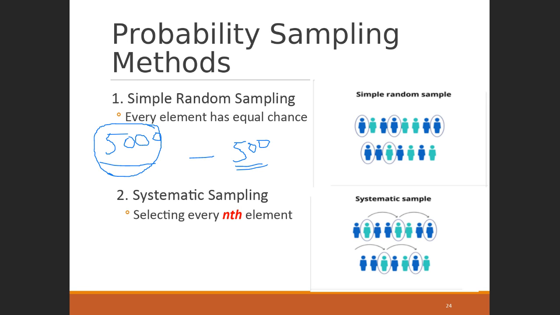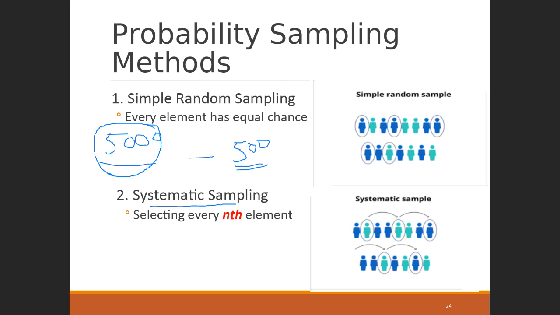So the simple random sampling strategy may not always be feasible when you are using primary data, but it can be very much possible if you are using secondary data, depending upon how you define your population.